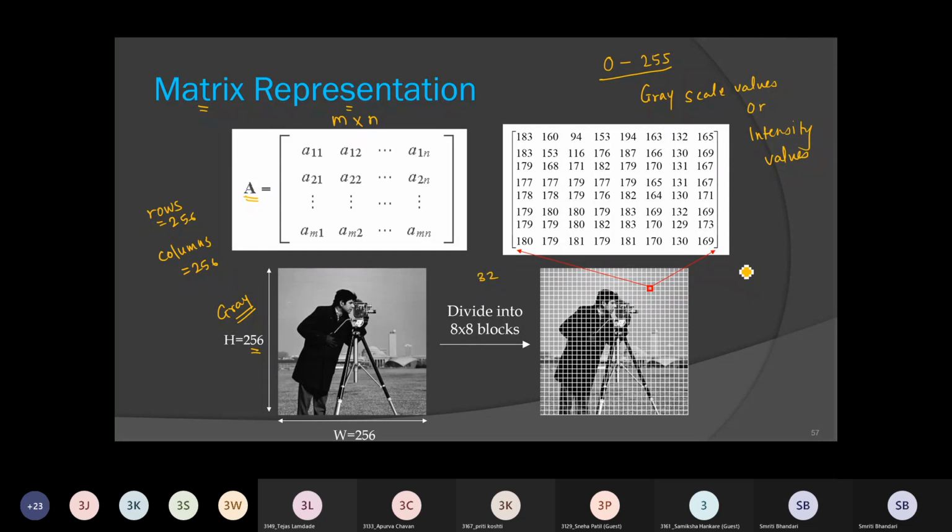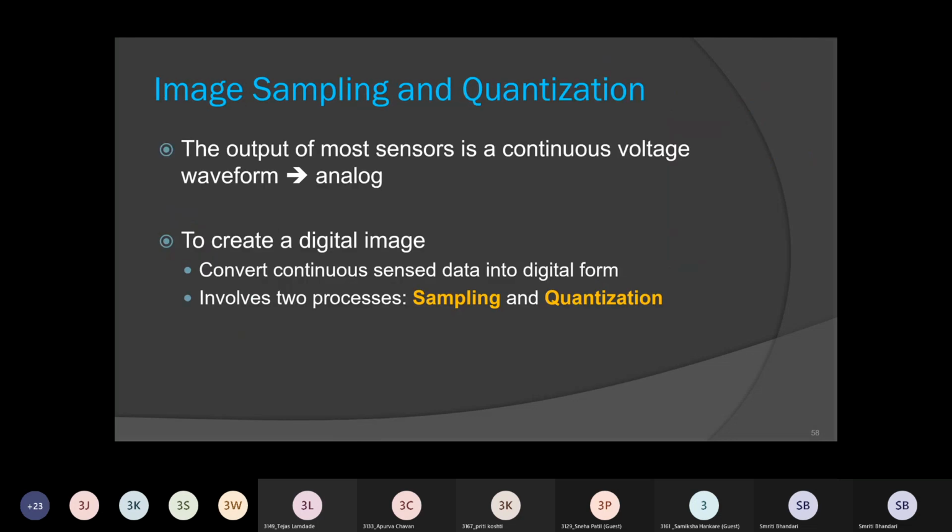If I consider any digital image and try to visualize what is being stored, this image is nothing but a two-dimensional array consisting of values in the range 0 to 255. The images are stored in two-dimensional array form.